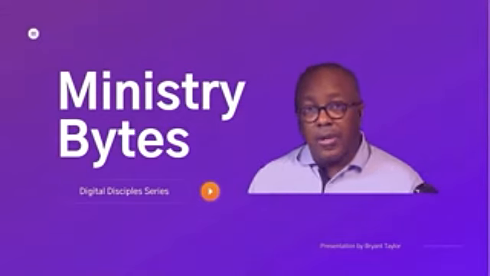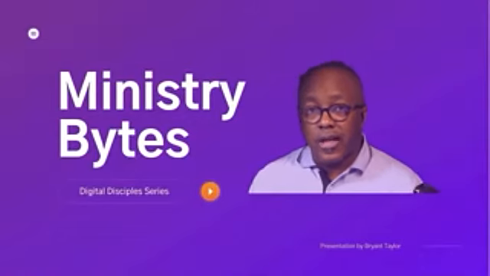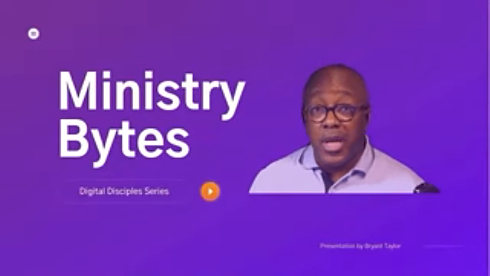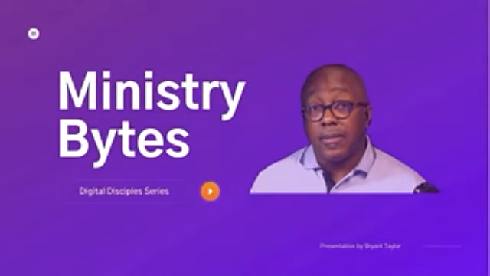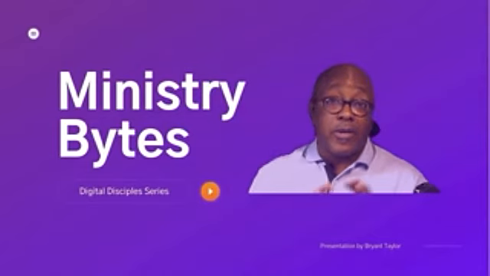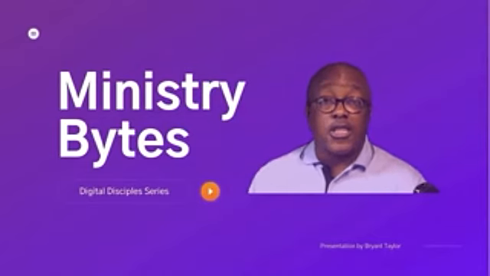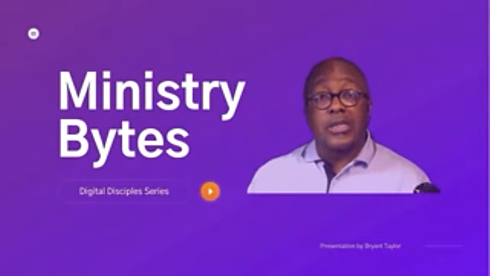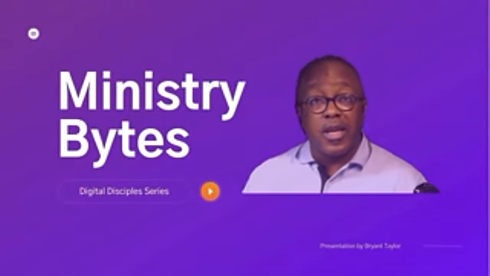The best way to use Flocknote, here we go, I hope you're ready: if you have 40 members or less, 40 people or less, it's free. So regardless of whatever size your church is, start off with the free plan and allow people to sign up. When you get to the 41st person, it begins to charge you.